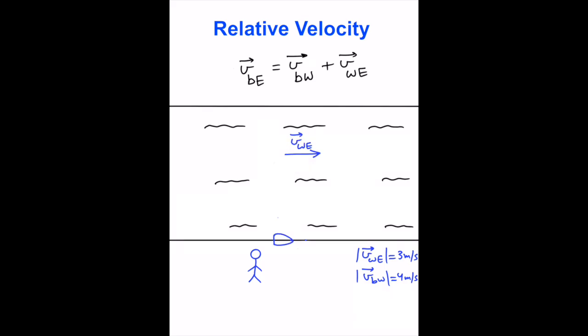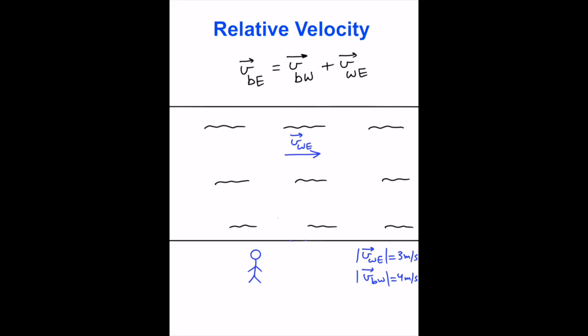So now let's suppose the boat is steered in the same direction as the river. So the velocity of the boat relative to the water has this magnitude directed east. So this is the total vector, the addition of these two vectors, which is equal to the velocity of the boat relative to Earth. And it will have a magnitude of 7 meters per second directed in the same direction as the river.